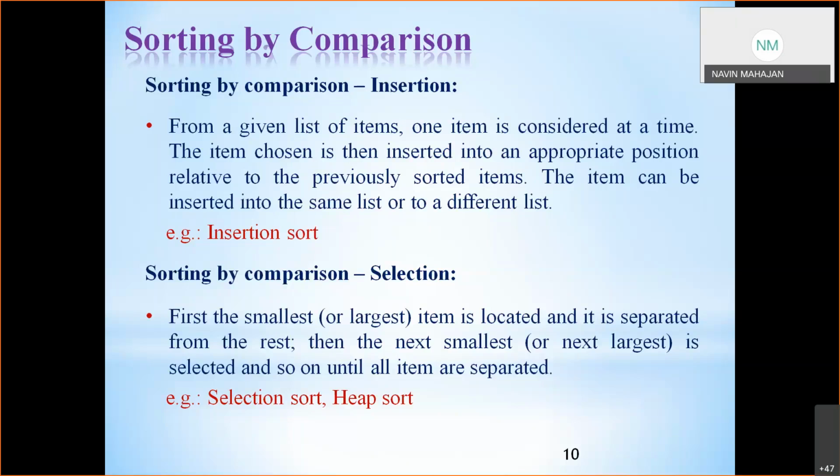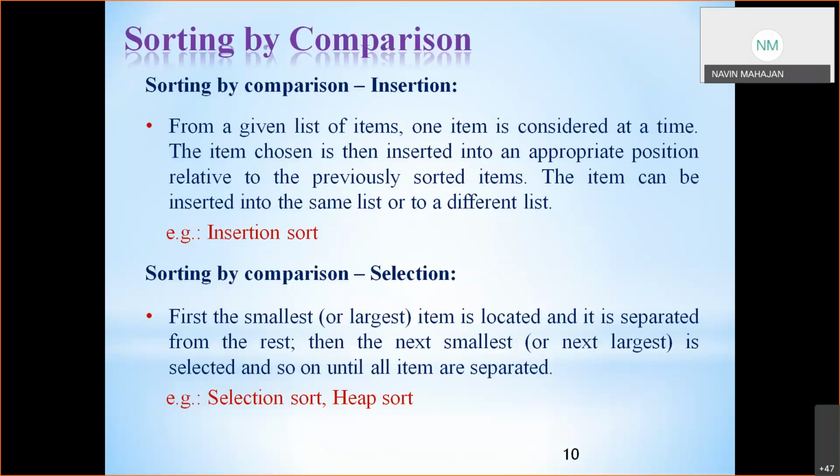We find the smallest element and put it in the second position, and so on. Then we take elements from 3 to n, find the smallest element, and place it in the third position. So we keep on doing this: we find the smallest element of the given input and place it in its position.